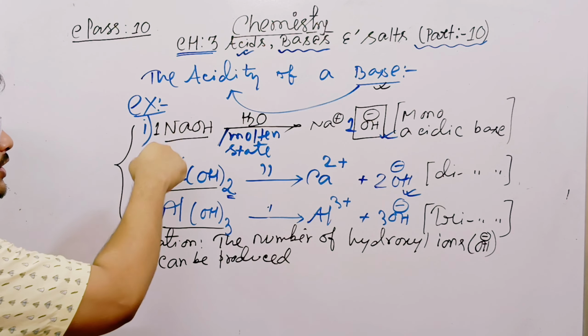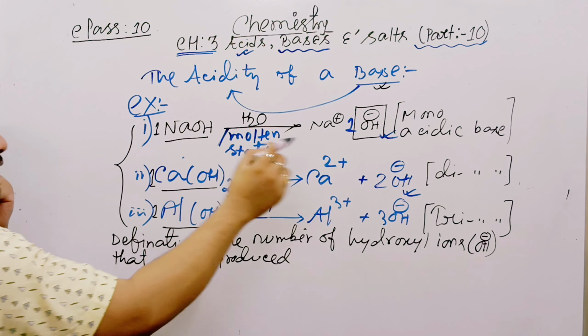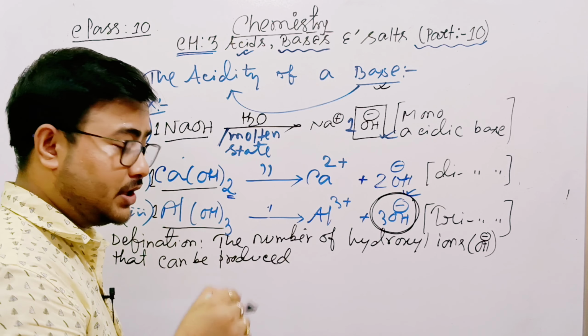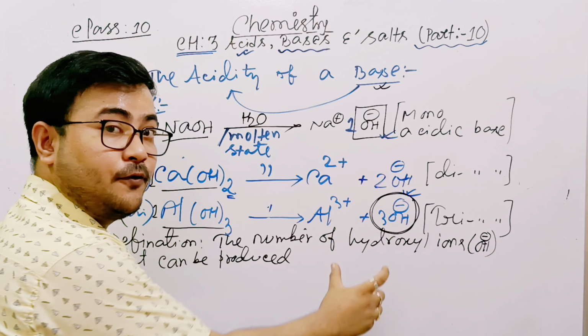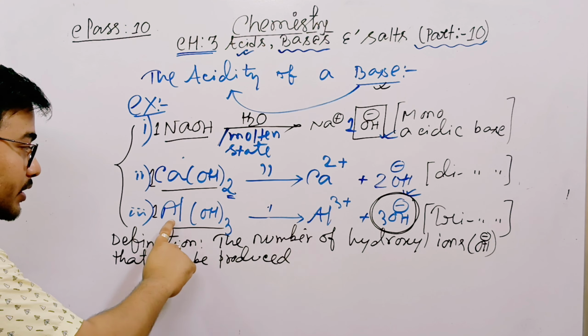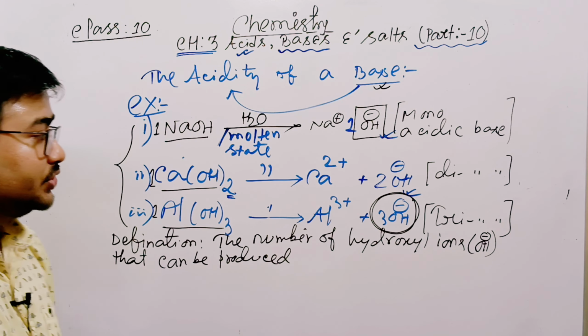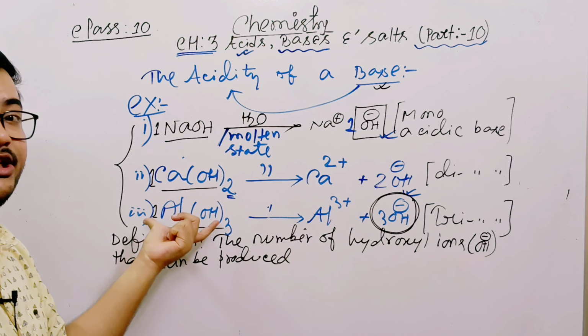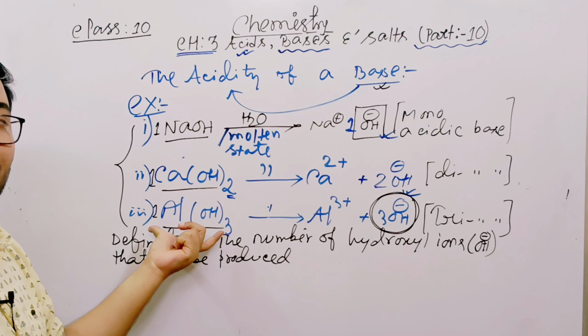You cannot take 2 or 3 molecules. Here 3 OH minus will form from per molecule of aluminum hydroxide.